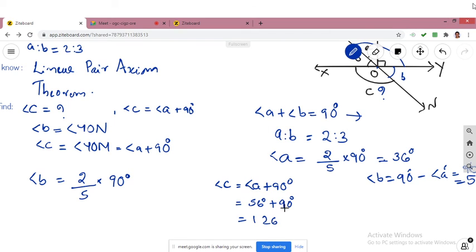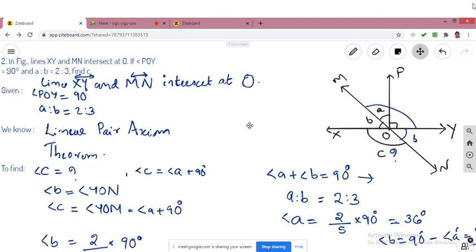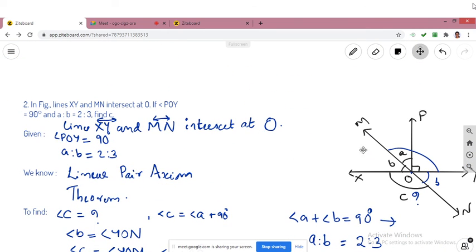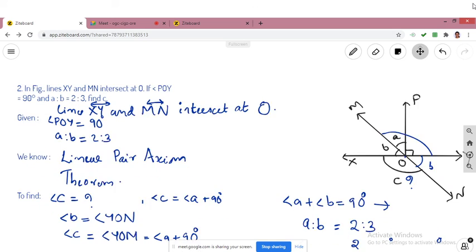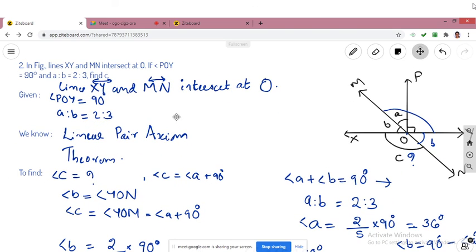So can we go through that again for 2 minutes, and then we can leave the class. We were given that two lines were intersecting at a point O, and angle POY is equal to 90 degrees. Then the ratio of two angles A and B is 2:3.